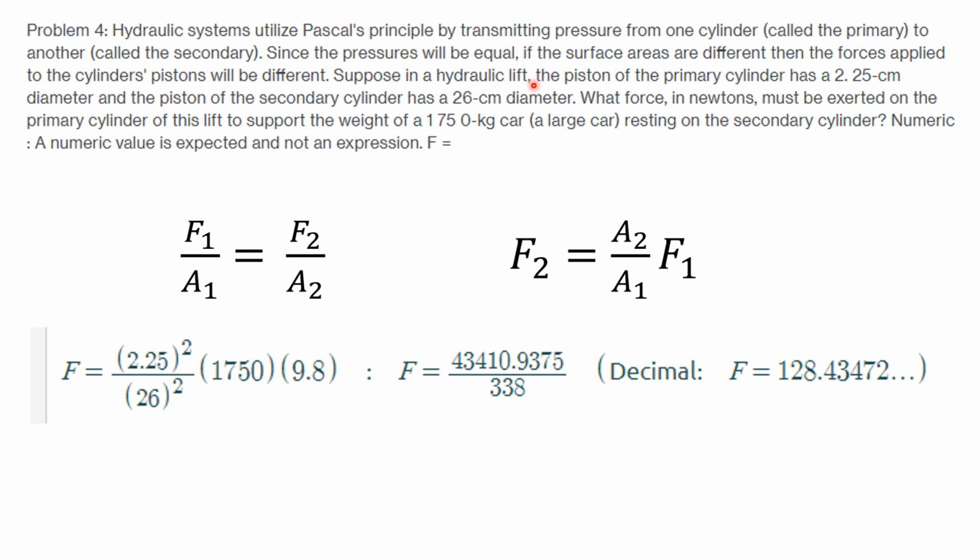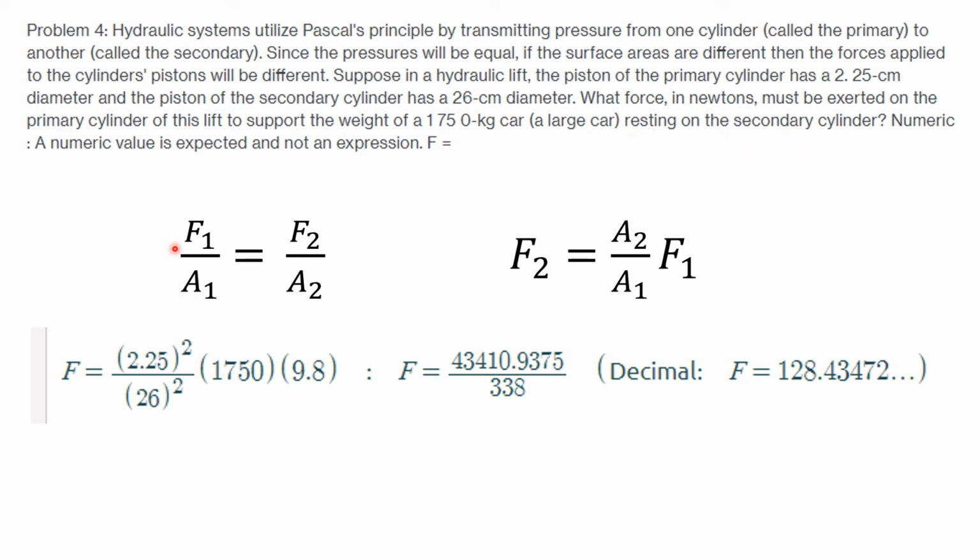So suppose in a hydraulic lift, the piston of the primary has a diameter of 2.25 centimeters, and the piston in the secondary has a much larger diameter, 26 centimeters. Now this is diameter, not radius. What force in newtons must be exerted on the primary cylinder of this lift to support the weight of a 1,750 kilogram car? That's supposed to be a large car resting on the secondary cylinder.